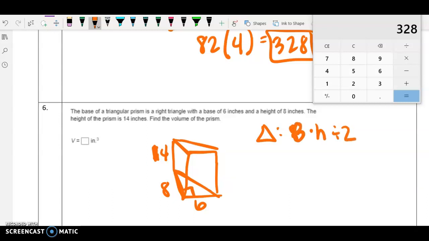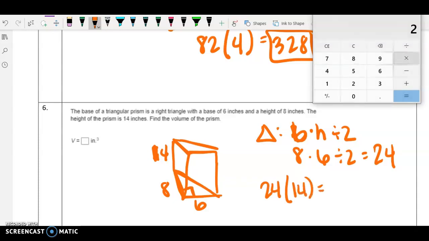That's a B, sorry guys. And so we have 8 times 6 divided by 2, so we get 24, because half of 48 is 24. And so now we're going to take 24 times our height, which is 14, which equals 336. So that is our volume.